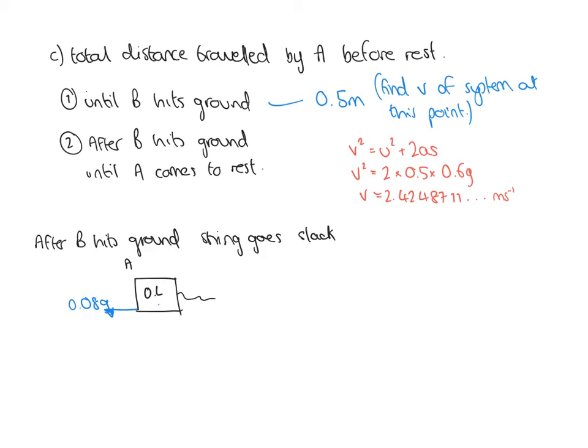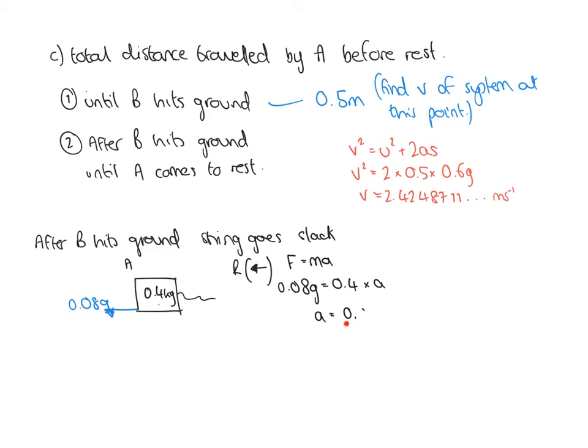So we need to know, okay, well it was travelling at this velocity, now the only force on it is that. So the question is, how long does that take to stop moving? So it had a velocity, force goes slack, so it slows down, and then stops. The only force on it now is 0.08 g to the left.